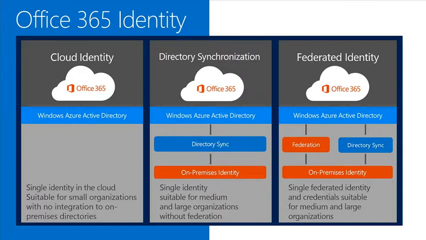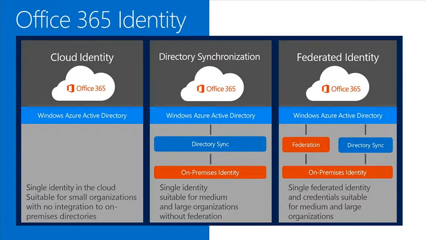All of the data is in the cloud, and it's managed for you by Microsoft in Windows Azure Active Directory. The second one is where you have an Active Directory in your organization, and you want to synchronize the users from that Active Directory up into the cloud. And in this case, you manage those users in your Active Directory through whatever tools you might want to use, and changes are synchronized up to the cloud.